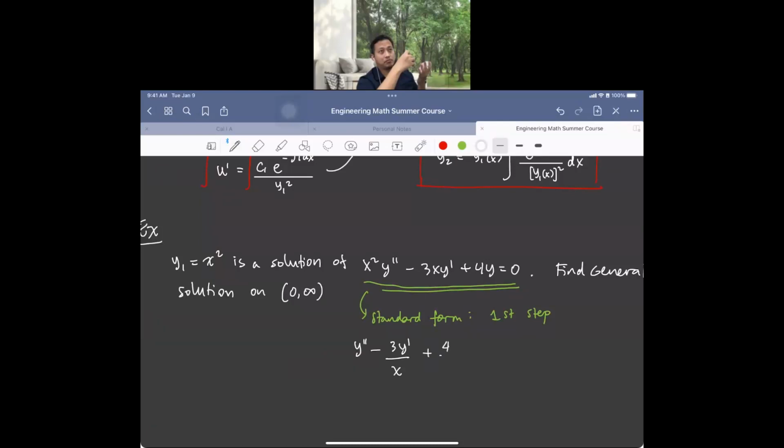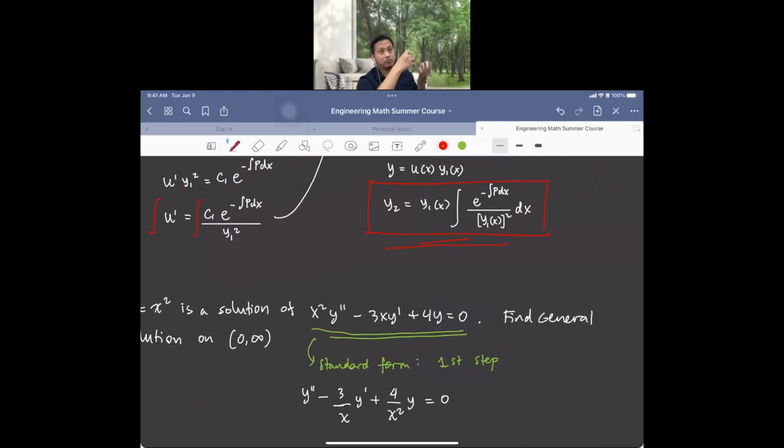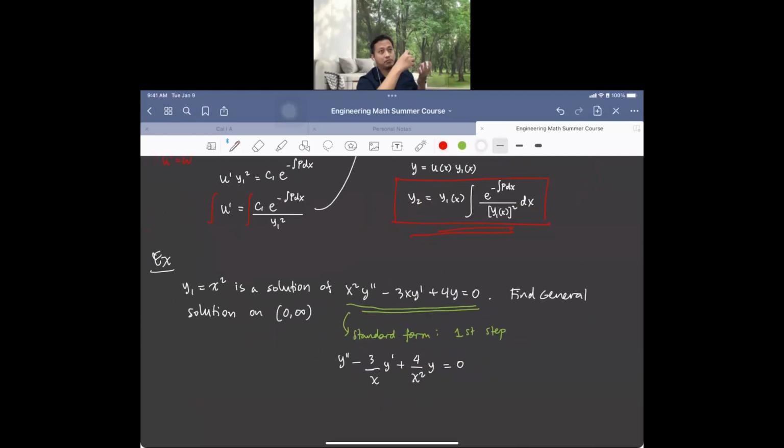So we divide by x squared. So y double prime minus 3y prime over x, right? x squared divided by x squared, plus 4 over x squared y. So we have this 3 over x y prime, or let me write separately to make it clear.